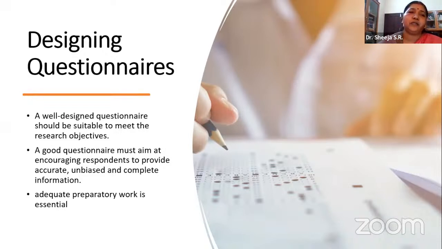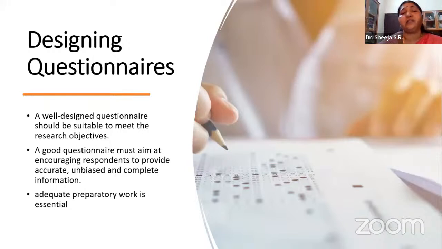A good questionnaire must aim at encouraging the respondents to provide accurate, unbiased, and complete information. So we have to design the questionnaire in such a way that it encourages the respondents to provide very accurate and complete information, and that should be unbiased also.